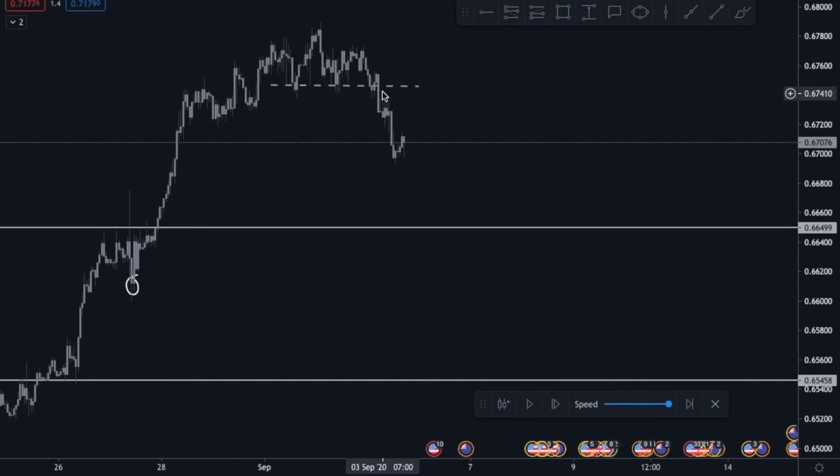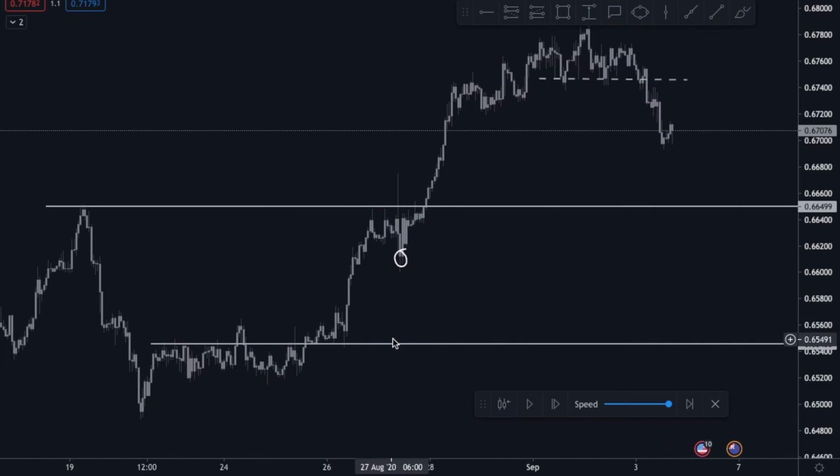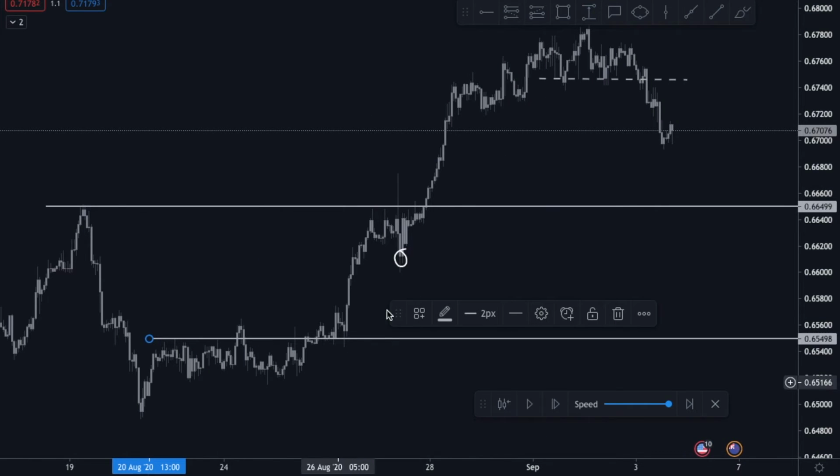So I'd say in between this miniature breach and this larger breach would be a bit of confusion, because the sellers might think that they're in control, but the buyers, everything above this area, or even if this area gets breached, we know that this area from before could still hold if price comes all the way back down here, right?